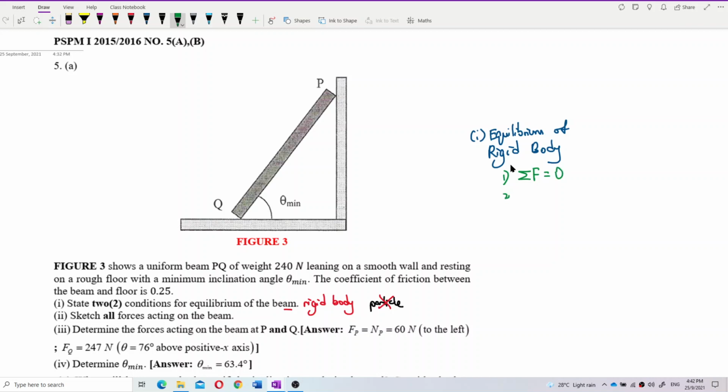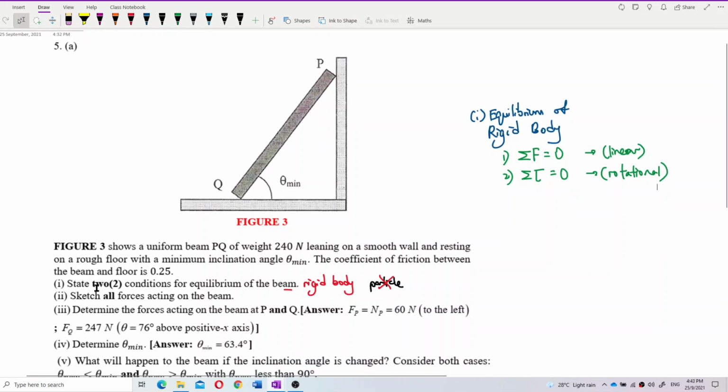The second condition is the total torque must be 0. The first one refers to the linear motion, the second one refers to the rotational motion. Total force equal to 0, total torque equal to 0.